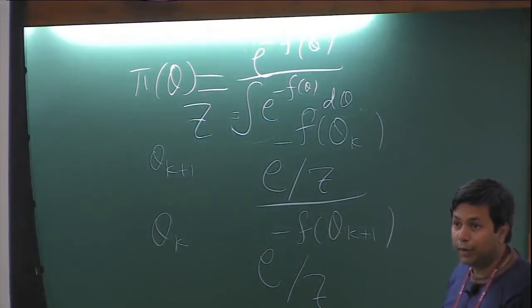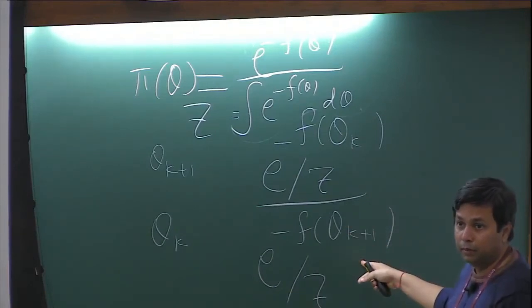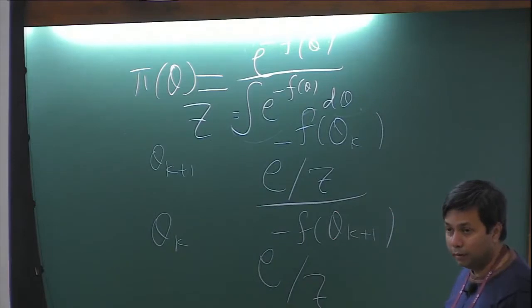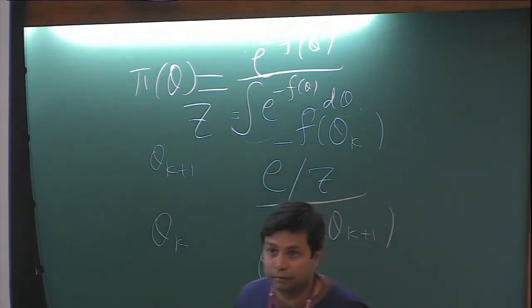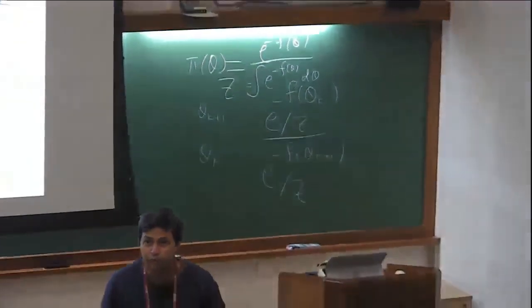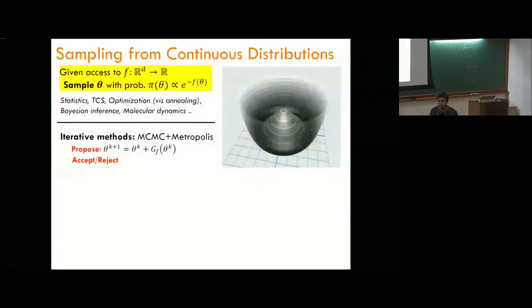So to compute the ratio, you just have to query the function at 2 points, at theta k and theta k plus 1. Look at the difference, compare it with 1. If it's more than 1, reject. Don't do anything. Stay at that point, go back to the proposal step. If it's less than 1, accept. Move to this new point and repeat.